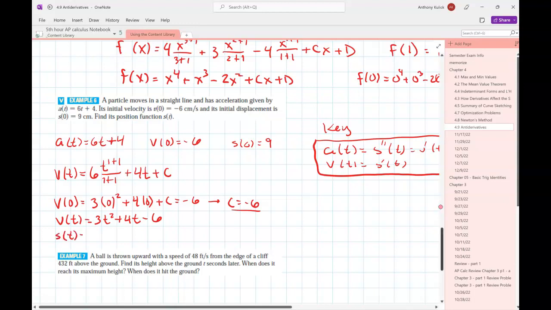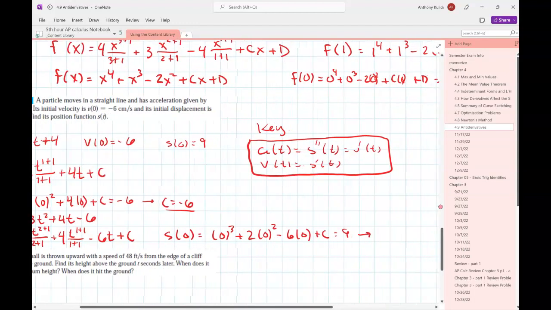Now I can anti-differentiate that. It's going to be t to the 2 plus 1 divided by 2 plus 1, plus 4 times t to the 1 plus 1 divided by 1 plus 1, minus 6t plus c. And I know that s of 0 is going to be 0 to the third plus 2 times 0 squared minus 6 times 0 plus c equal to 9.